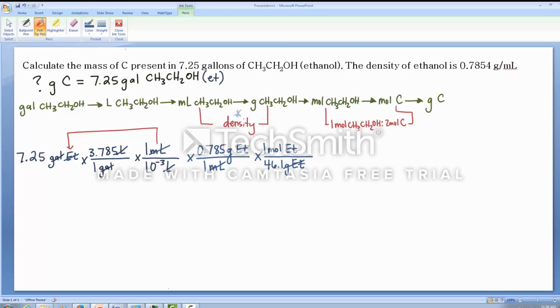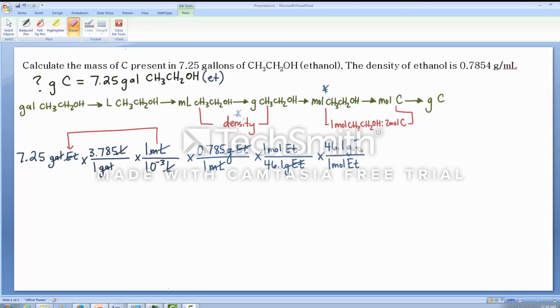So my grams of ethanol cancel, leaving me with moles of ethanol. So at this point is where we are right now. We need to use our chemical formula to convert moles of ethanol to atomic moles of carbon.